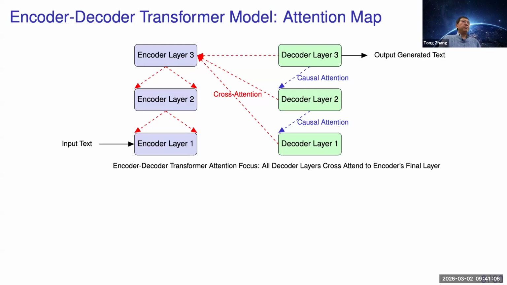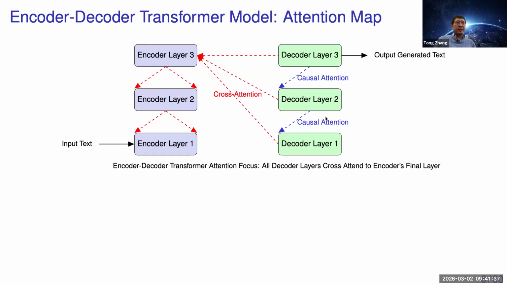Basically, the idea is you have input text. Think about translation or summarization, right? You have one input text, which is the source language, and you have bidirectional attention in the encoder. Cross attention goes to every token from the top layers of the encoder, as the information for how you utilize the input data, and then you have causal attention in the decoder.